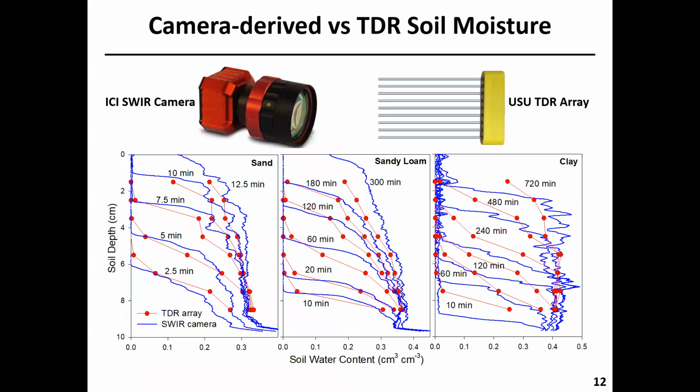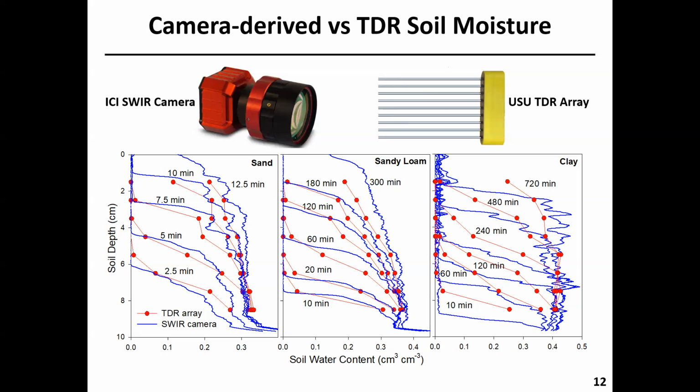And here I'm showing the results for different soils, and I'm comparing the soil moisture estimates based on the soil camera, which is the blue line. And we also had a TDR sensor as an in situ measurement in the soil column as a reference, which is shown by the red dots.